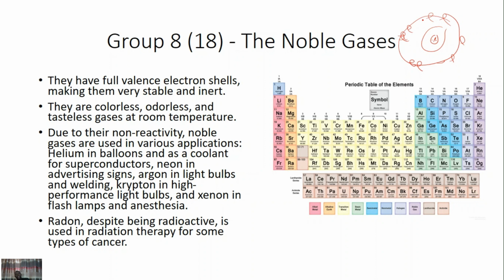They are stable. They are usually colorless and odorless gases at room temperature. Due to their non-reactivity, they have various applications. They are used in balloons and as a coolant for superconductors.